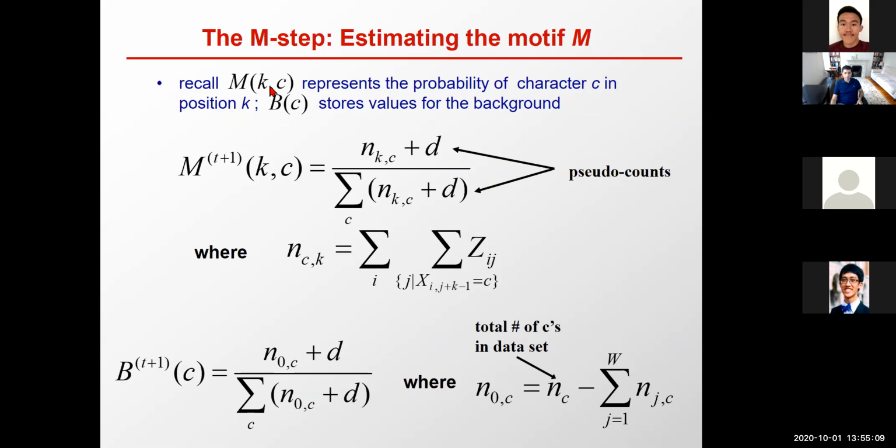So recall that this matrix, which at every position gives you a character score, represents the probability of a character C in position K. The background stores the values for the background.